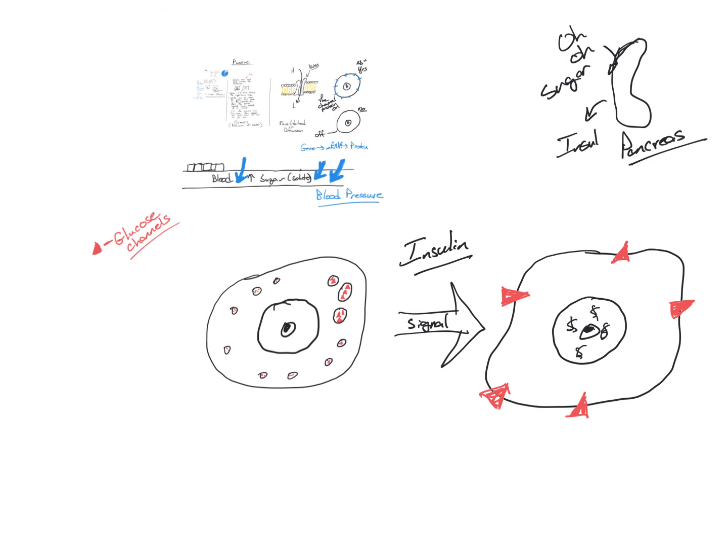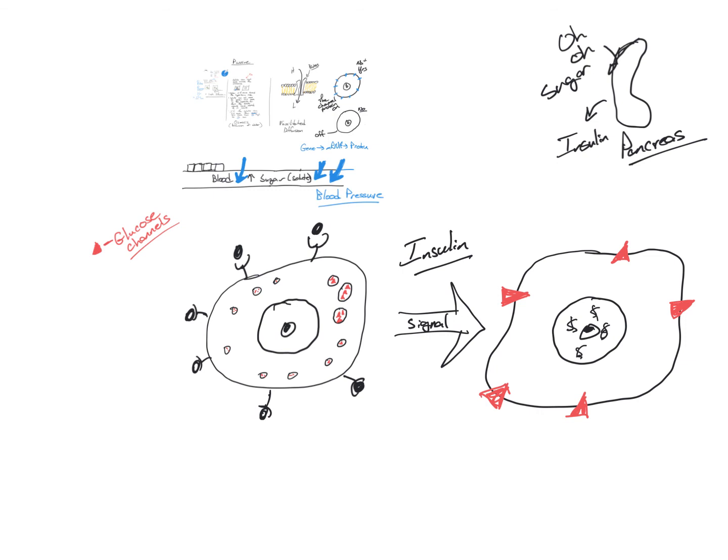And when the insulin gets in the blood, it goes and binds to signal receptors on all her cells except her brain cells. Her brain cells always take in sugar. They don't need insulin. All the other cells need to have these receptors that signal the cell, hey, release the vesicles.